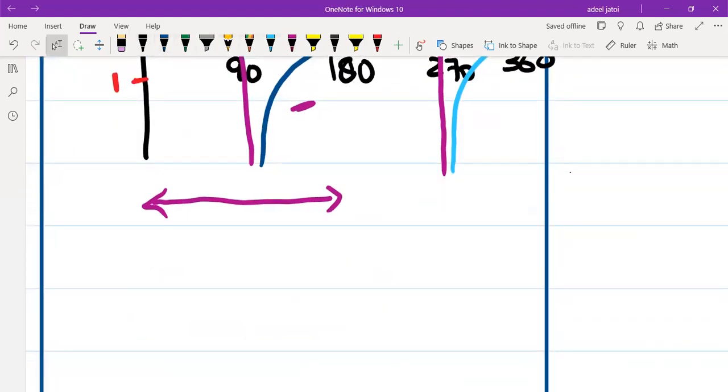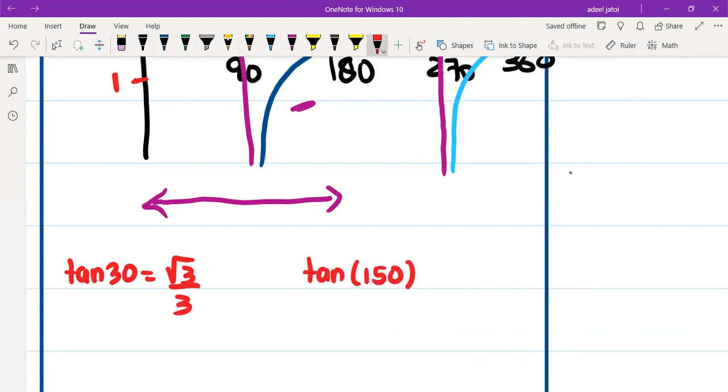So let's do this. Like if I say we have tan 30, and the tan 30 answer is root 3 upon 3. Similarly, 180 minus 30 will be 150.